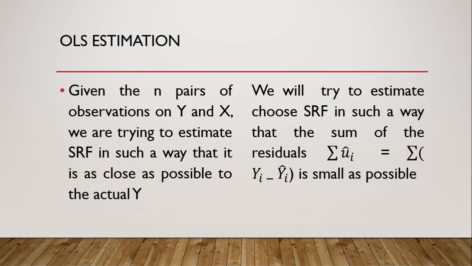We know that the sum of residuals is equal to sigma ui hat. We are adding all the residual terms, u1 plus u2 plus u3 plus u4 up to un, which is denoted by sigma ui hat.